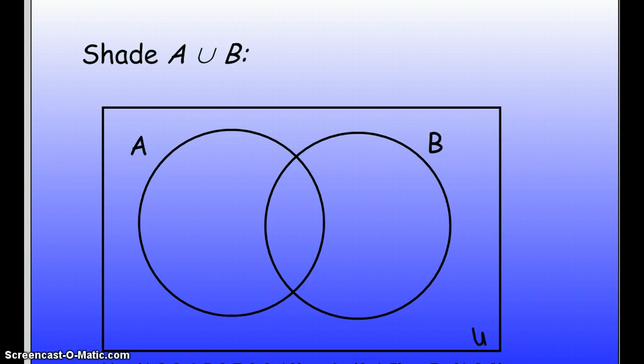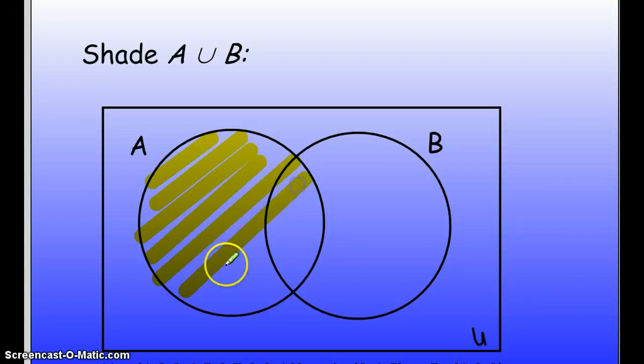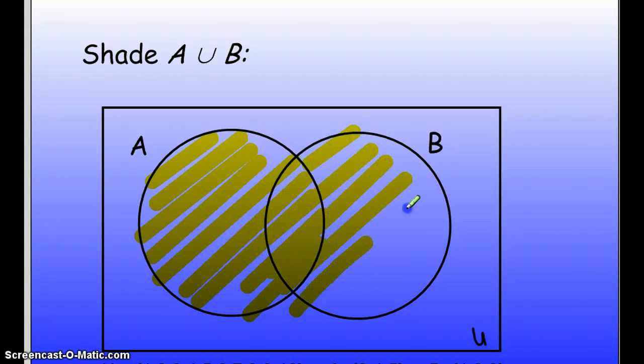With your highlighter, to show this union of set A and set B, we would shade all of set A or all of set B. So when we think of the union, I'm shading all of A and all of B. Every element in that shaded region would be the union.